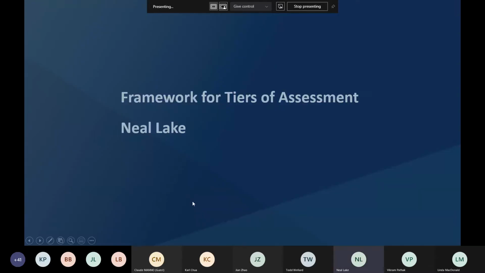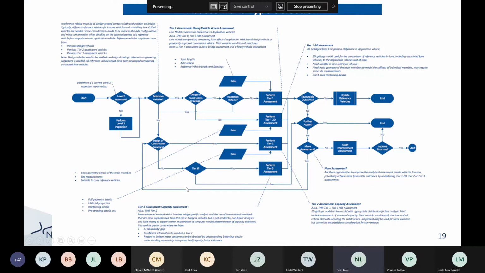All right, so let's talk about the framework for tiers of assessment that was developed as part of this Strategic Local Government program. It's actually quite similar to a process that was developed as part of an Austroads project called Higher Order Assessment in Australia, which I authored along with various other co-authors.